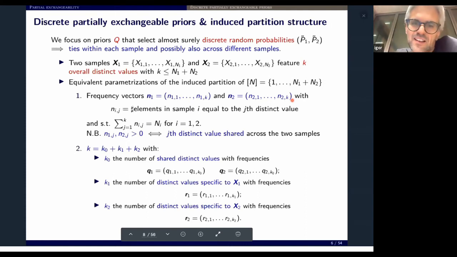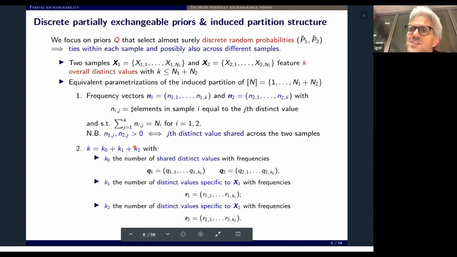The other one is more explicit, and more or less convenient according to the situation. There you really distinguish the k distinct values: you say that you have k0 values which are shared between the two samples, k1 which are specific to the first, and k2 which are specific to the second.